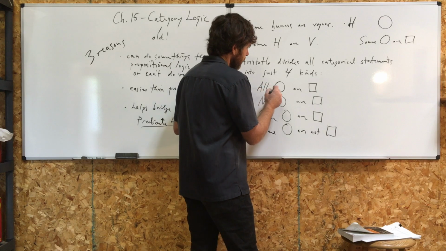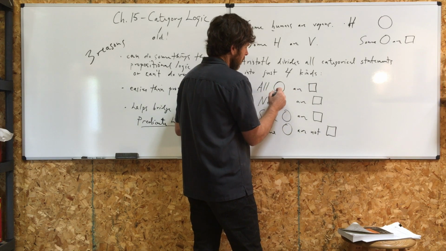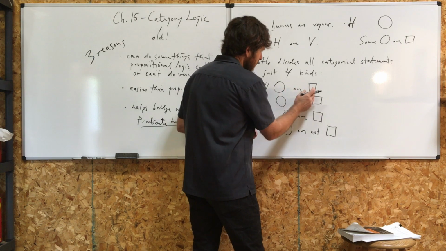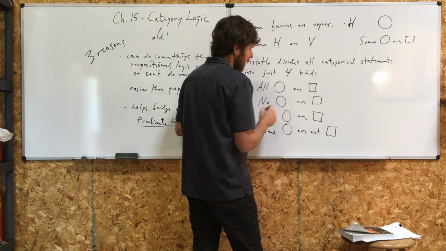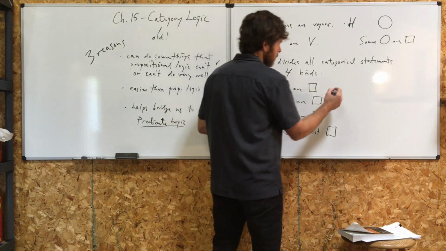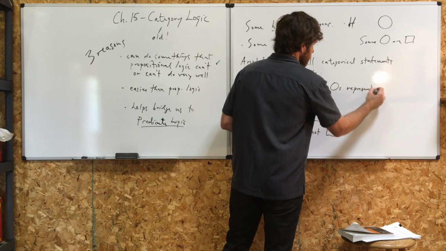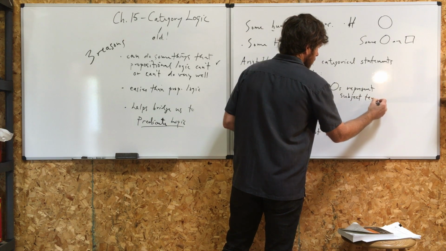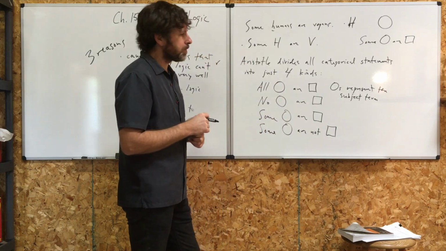What this means is that, well, let me talk about the form of these here. What we have here, we have a statement that relates a subject and a predicate. So let's call right here the circles, these circles here, represent the subject term in each of these statements.